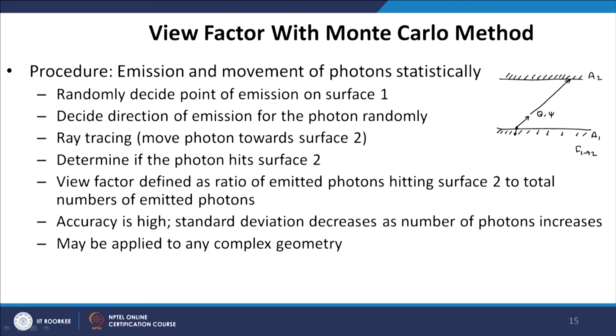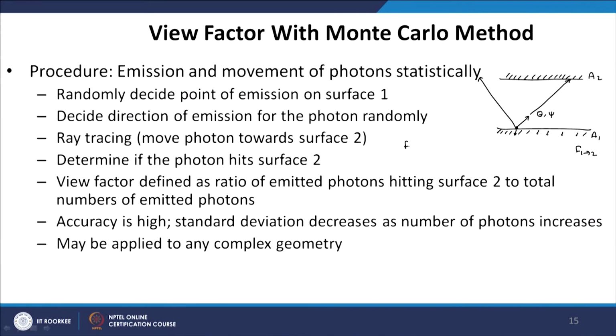So, we move the photon until it hits the surface A2 or it does not hit. Some photons may hit, some photons may not hit the surface A2. So, we count how many photons actually hit surface A2, and we also count the total number of photons we have emitted from A1. The view factor is defined as F12 equal to photons hitting A2 divided by total emitted photons.